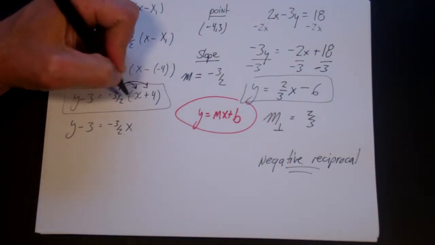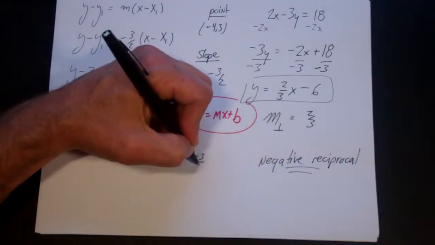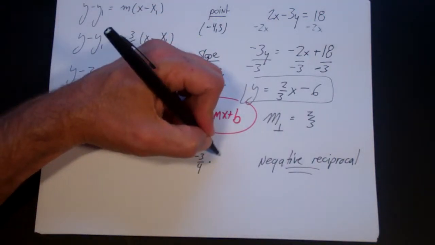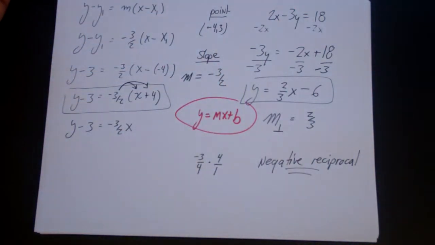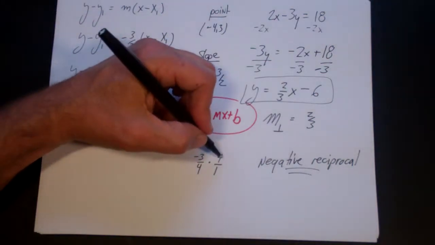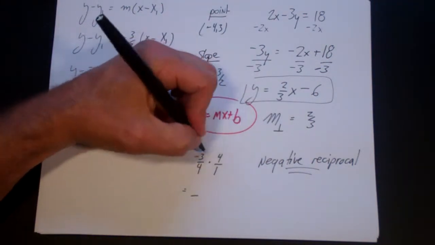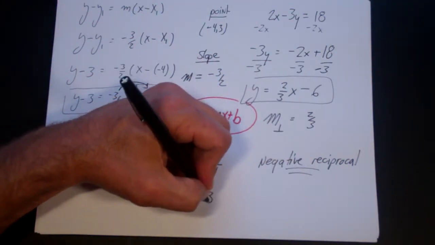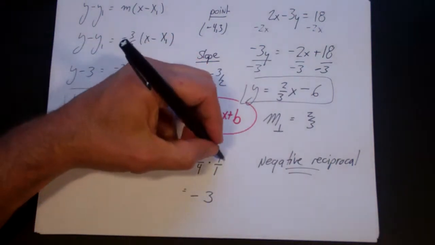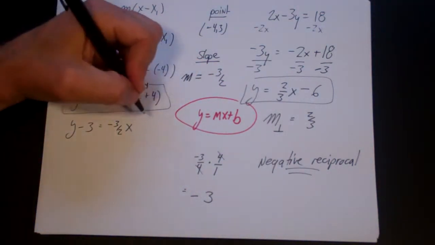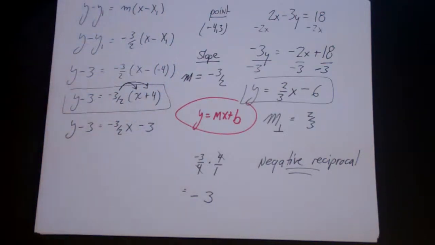And that's going to be, let me look at that, minus 3/2 times 4, which is 4 over 1. A negative times a positive will be a negative, and then that's 12 over 2, which is going to be a 6. Another way to think about it is the 2s cancel. It would be the same thing. So that's a negative 6.